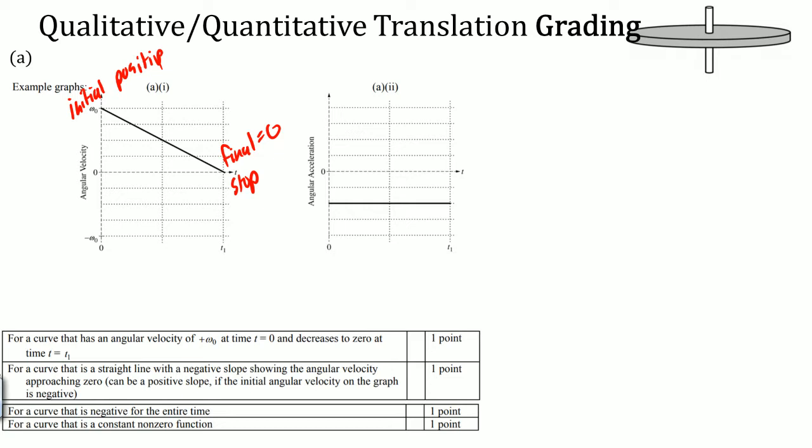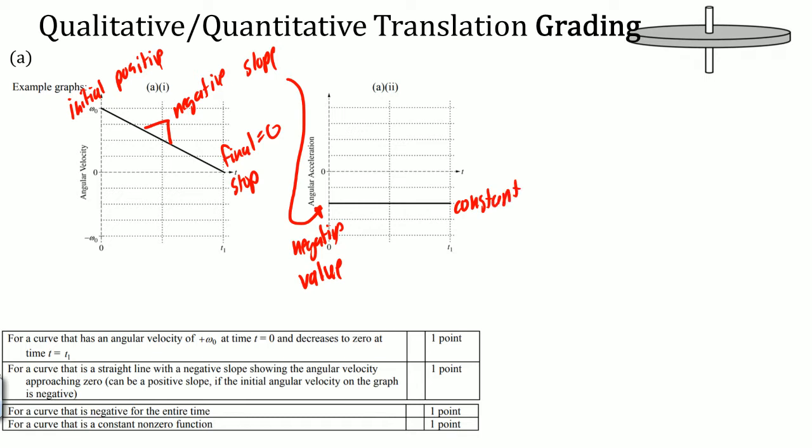The fact that this is going down, this has a negative slope, is the reason why the angular acceleration has a negative value. And again, this is constant because this is linear, and the slope of a linear graph will get you a constant value. All right, and here's the answer of how they grade it.